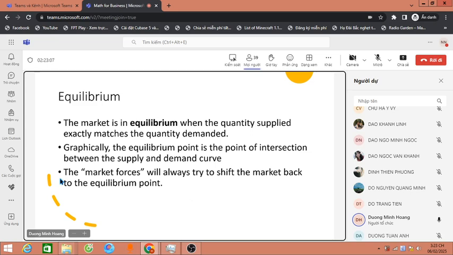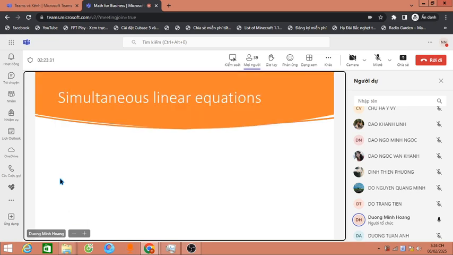Graphically, the equilibrium point is the point of intersection between the supply and demand curve.